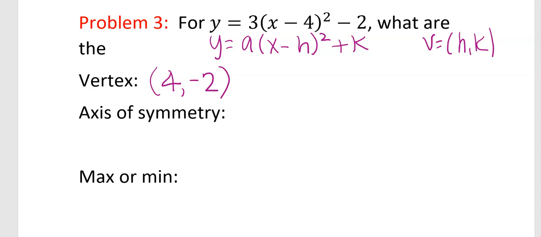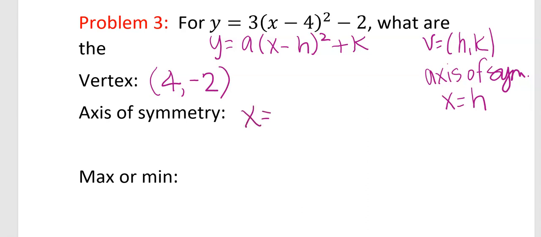The sign of whatever the K is goes with it. It's supposed to be a plus. This one's a minus, so the negative does come with it. The axis of symmetry is always whatever that first number is in the vertex. It's always that number. So my axis of symmetry is going to be x equals 4.